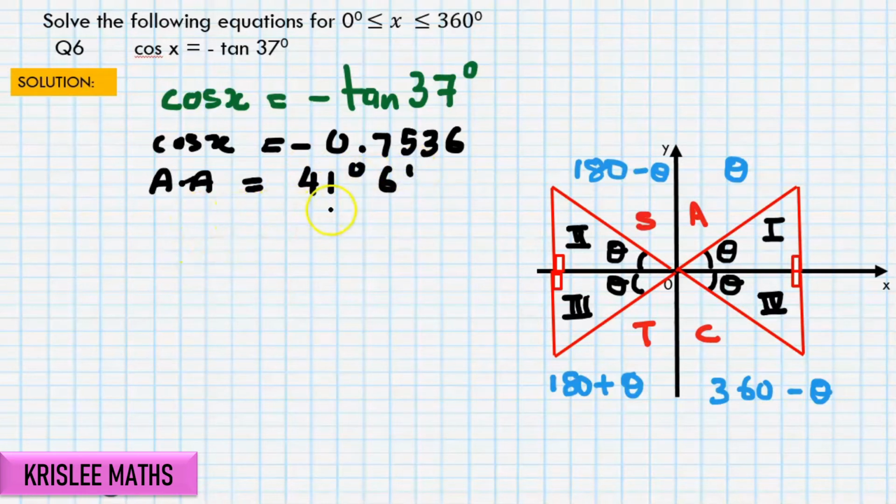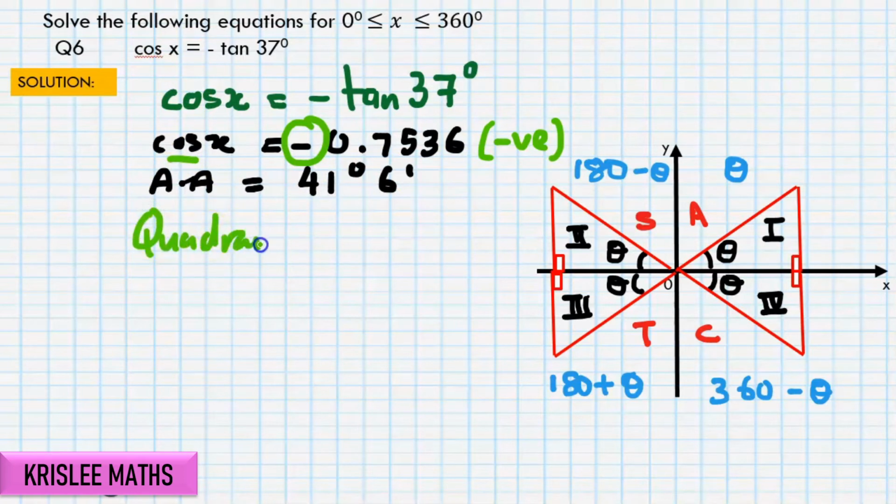Okay, so once you have the acute angle, next thing you have to check the sign. So the sign here is negative. Cos negative will be in the second quadrant and the third quadrant.